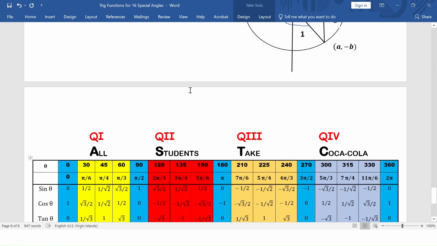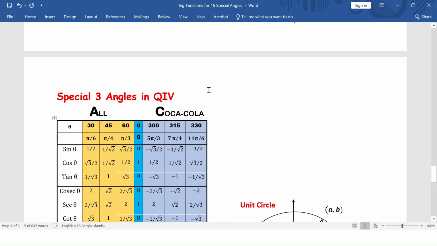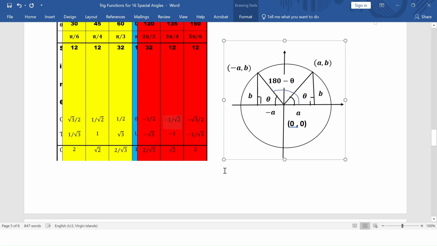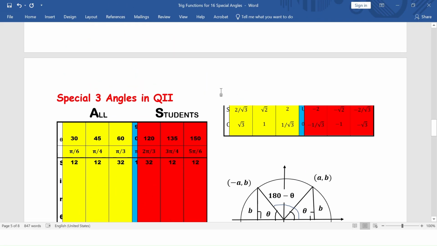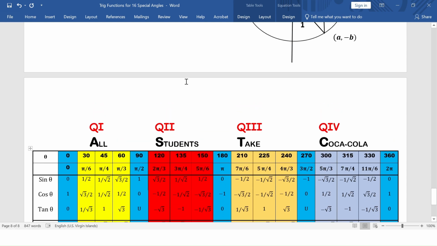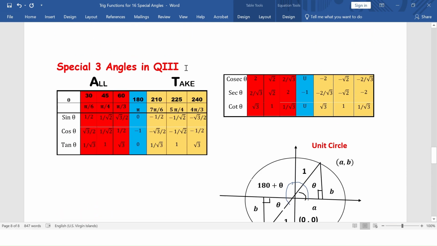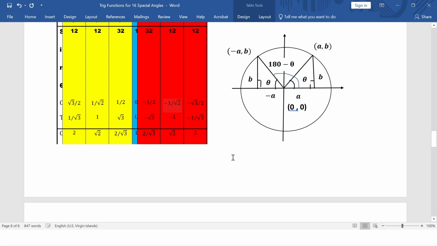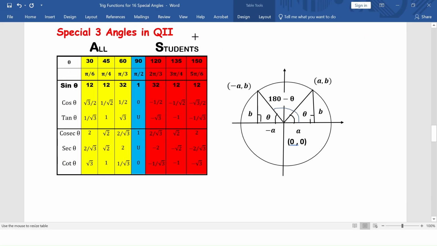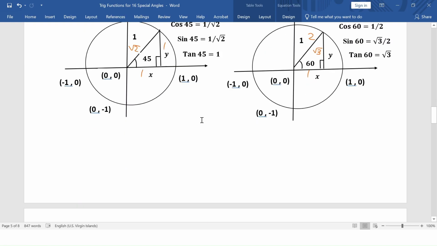I don't know what mistake I've done here. Let us just move on, because of time. Maybe I dragged something. It was resizing. Okay, alright.